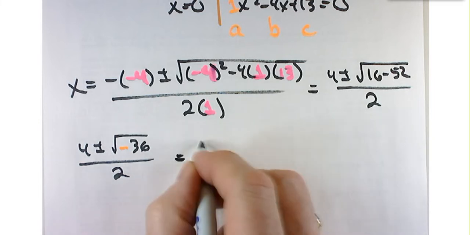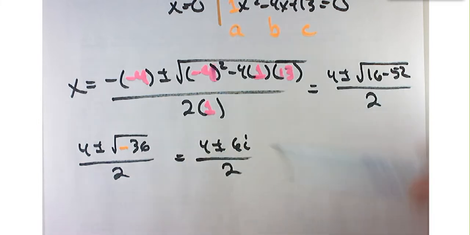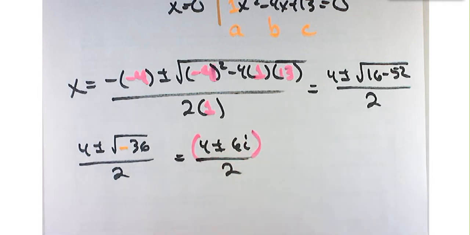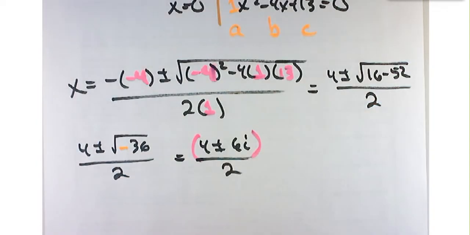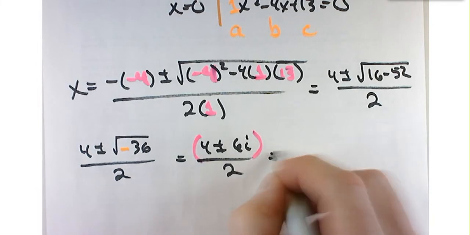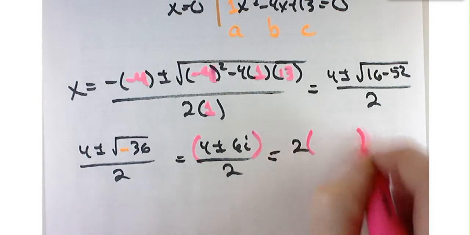So that's going to be 4 plus or minus 6i over 2. Don't just cancel one of these into the denominator. You've got to view this numerator as one whole term, and you can't cancel into that binomial. I can factor out a 2, and then parentheses.